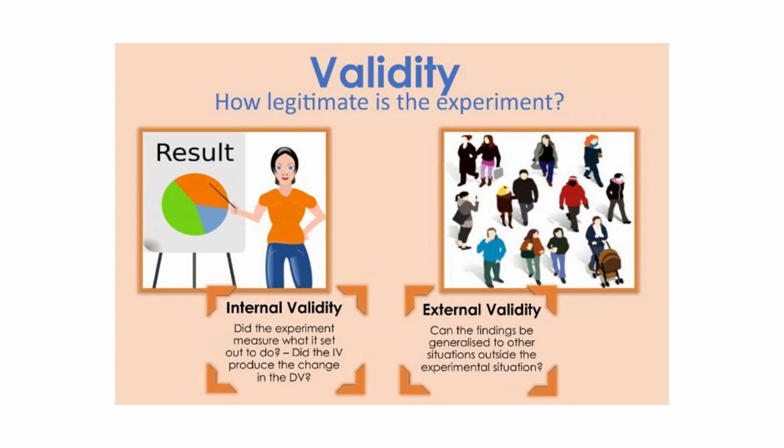And secondly, external validity: can the findings be generalized to other situations outside the experimental situation? And so these are the things that we look for when we're determining how robust or elegant or beautiful an experiment is. If they have a really strong ability to measure what they wanted to, and if they also apply to the outside world, then we get one of those elegant experiments.